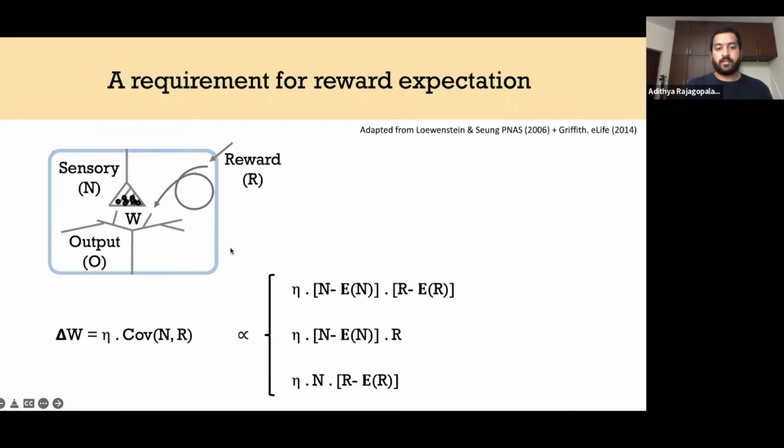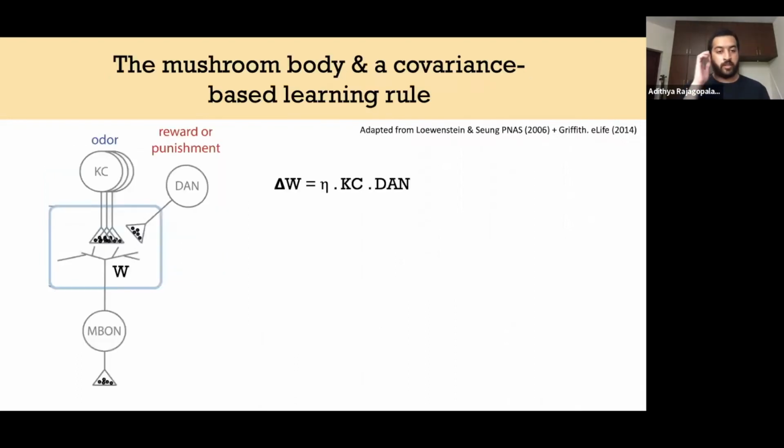This simple example circuit that Lowenstein and Sung used to make their claim about a covariance-based learning rule is actually nicely mimicked by the neural circuitry that underlies olfactory learning in the fly, which is the mushroom body.